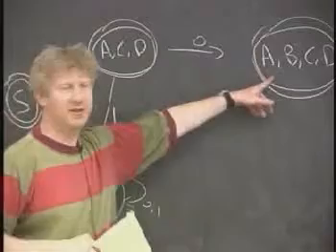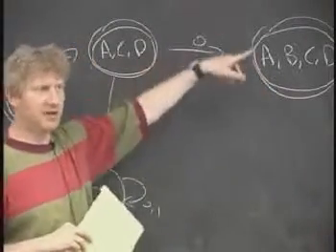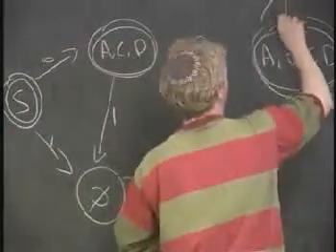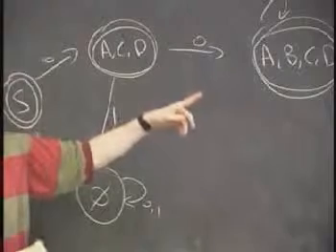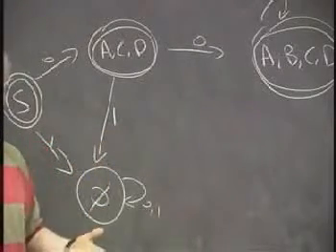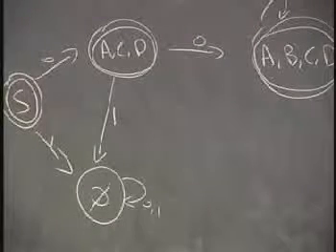How about this one on a 0? That's easier. It goes to the same place. It goes ABCD. A fast way to do that is if ACD went to ABCD, then certainly ABCD is going to go to at least ABCD. And it can't go to any more because it can't get to the dead state or the S state. So you can kind of do that a little more quickly.